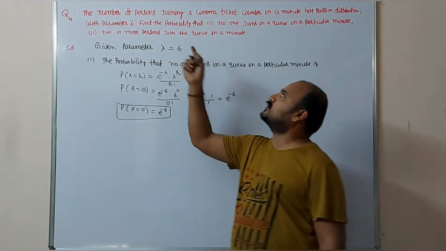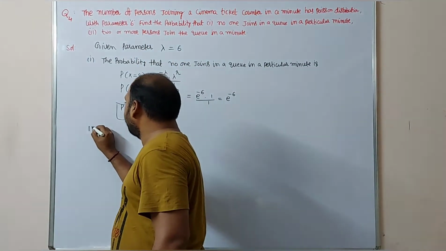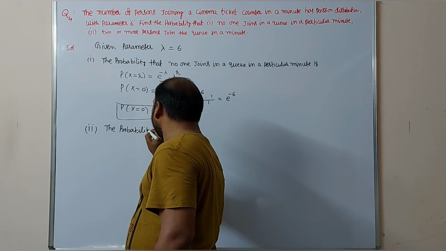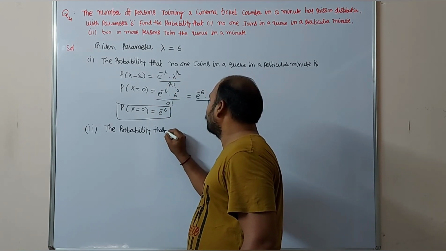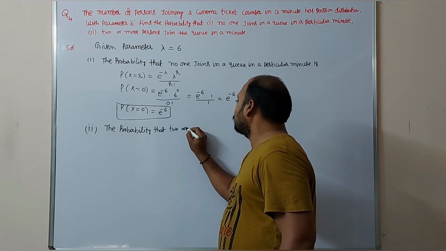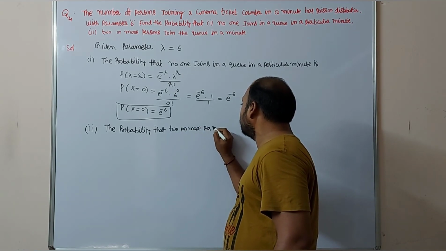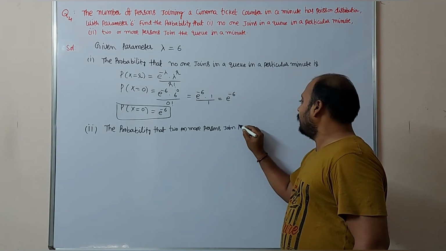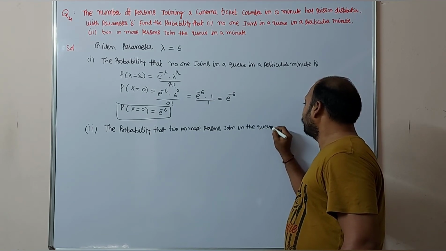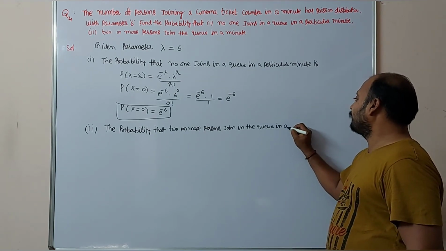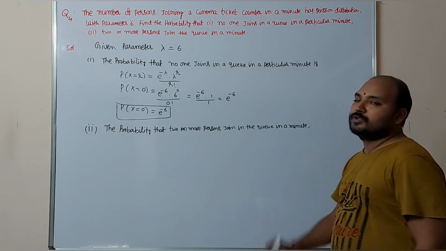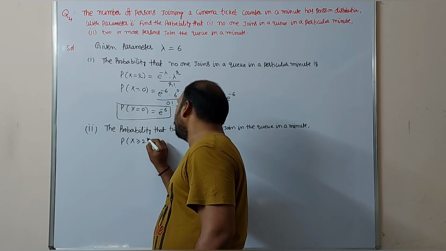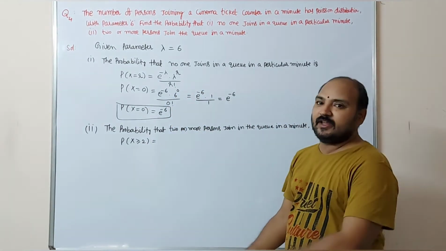Two or more persons join in a queue in a particular minute, the probability that two or more persons join in the queue in a minute in the cinema ticket counter is P of X is greater than or equal to 2.